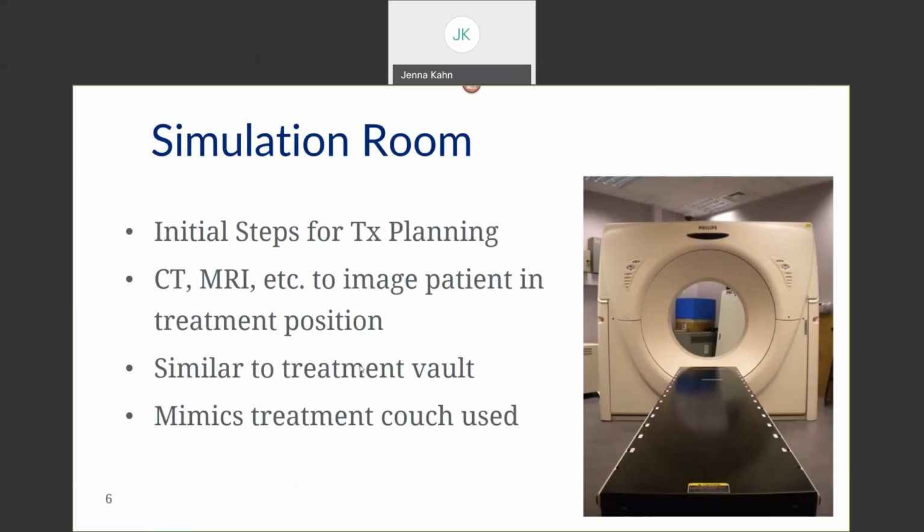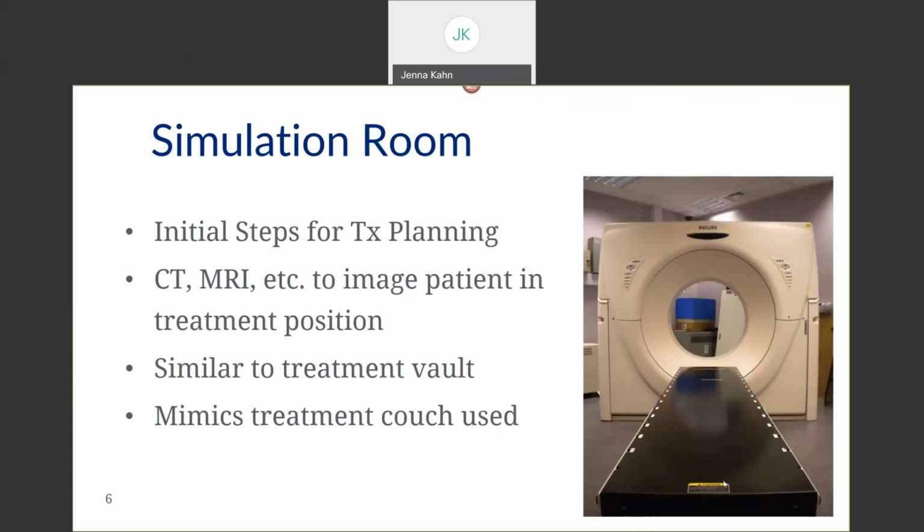Simulation room often is a room with a CT scan or an MRI. In the old days, they used fluoroscopy, and sometimes you can use ultrasound, but it is the initial step in your treatment planning.